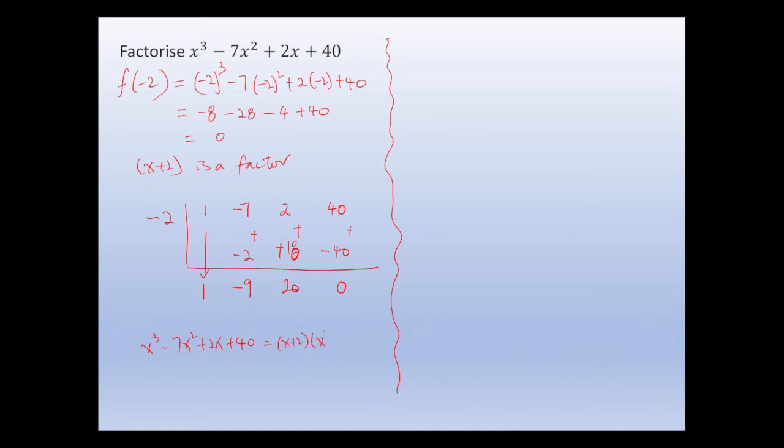So therefore, you know that x cubed minus 7x squared plus 2x plus 40 equals x plus 2, x squared minus 9x plus 20. Alright, so let me write it out on this side.